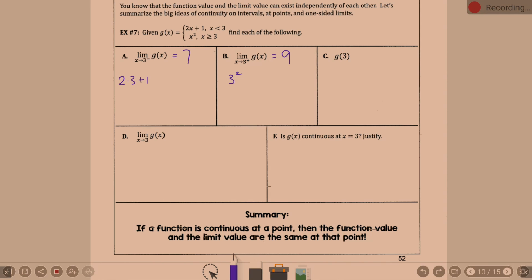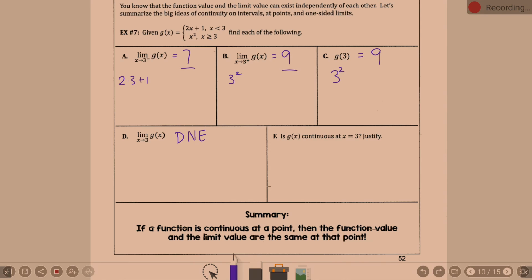Where is it defined for 3? Greater than or equal to 3. Okay, so again, we're doing the 3 squared, which is 9. The limit as x approaches 3 of g of x does not exist, because left and right do not agree.